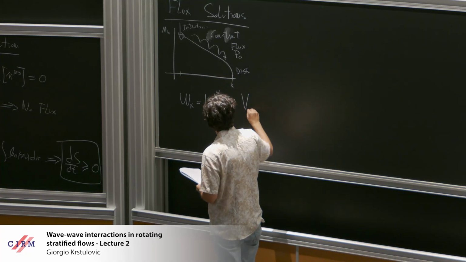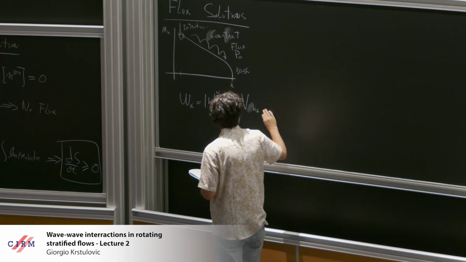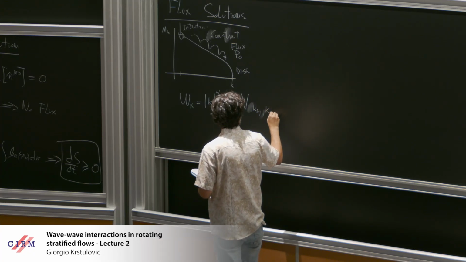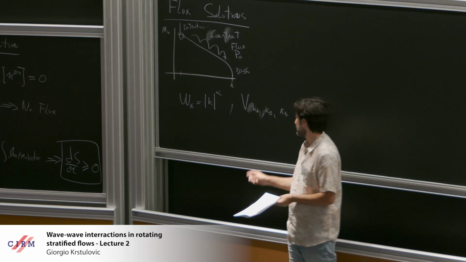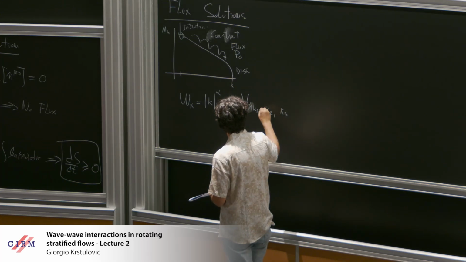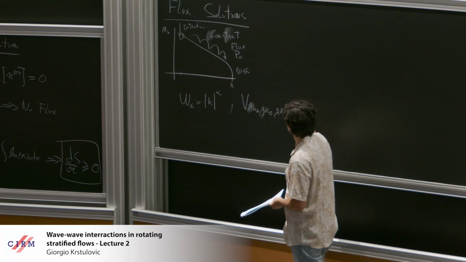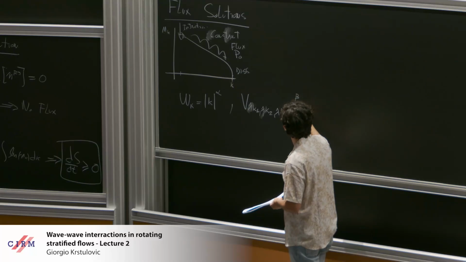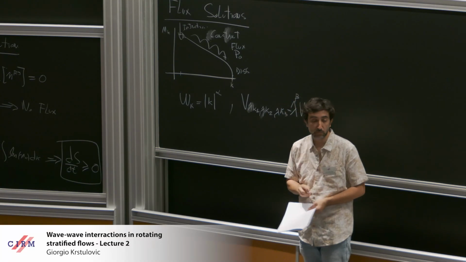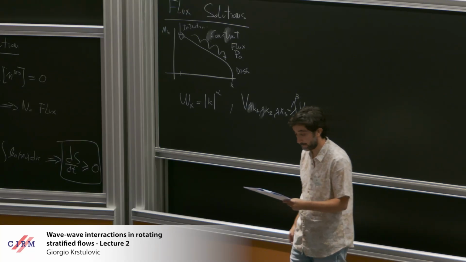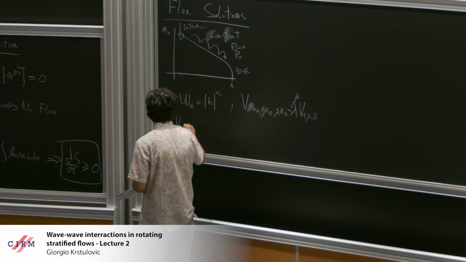Then I will also say that V of k1, k2, k3, this matrix that contains all the physics, is also a homogeneous function. It means that if I multiply all my wave vectors by lambda, this is the same as lambda to the beta times V of k1, k2, k3. These parameters basically give you the physics of the problem. And we are going to assume isotropy, as I'm saying here.